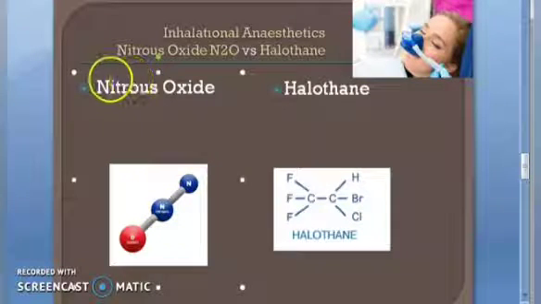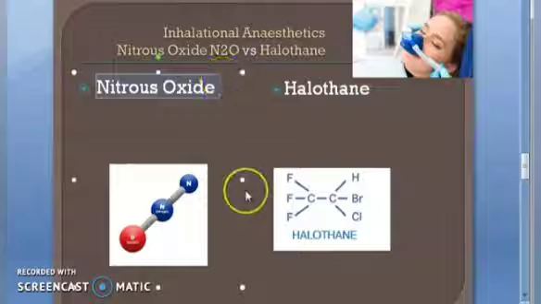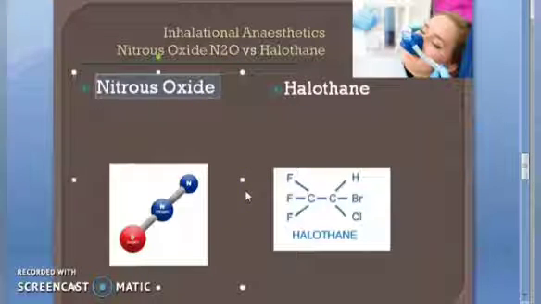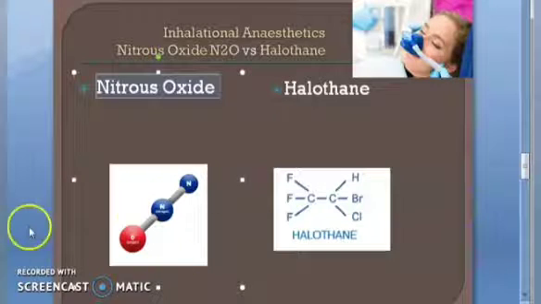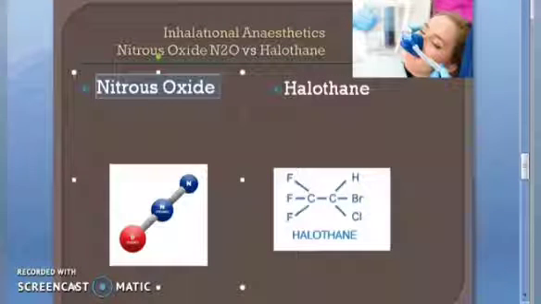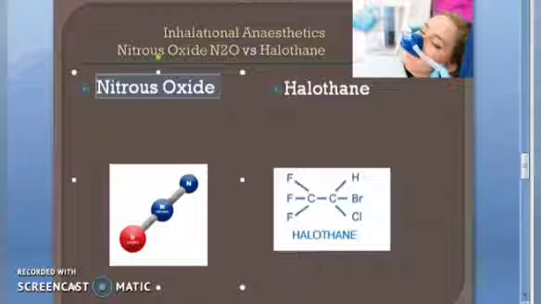We are discussing nitrous oxide guys. So the induction is soon and the recovery is also rapid because of low blood solubility. It is non-irritant, it is non-inflammable, that is also nice. It has a very wide margin of safety.